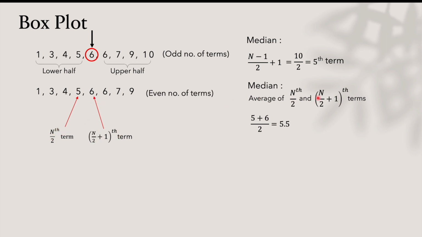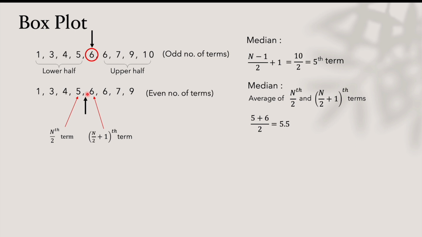So we have to take their average. 5 is the n over 2th term and 6 is the n over 2 plus 1th term, the next term. So we add them together and divide by 2, meaning it is the average of these two. It gives us 5.5. 5.5 lies in between these. Here is the median.